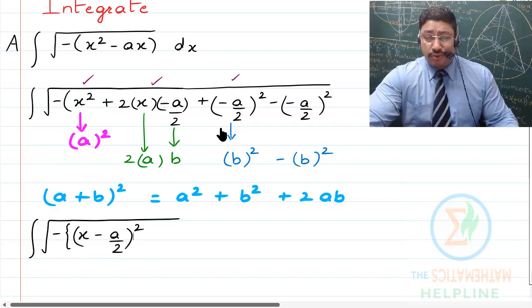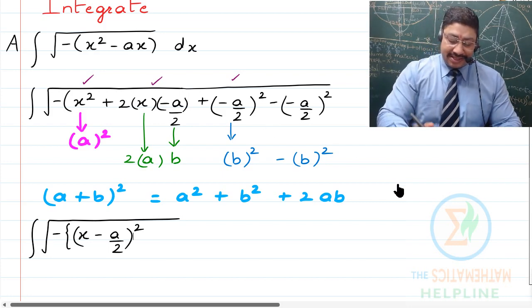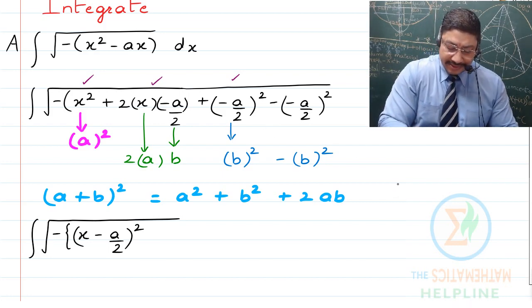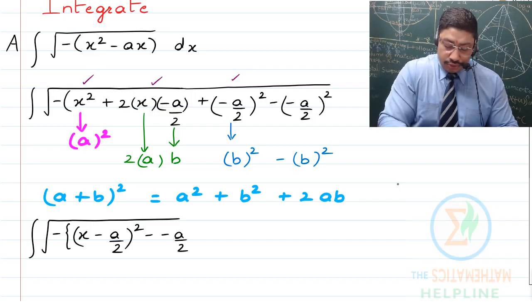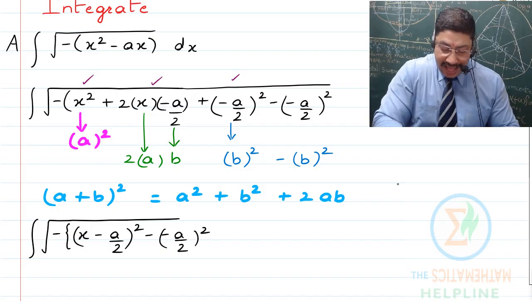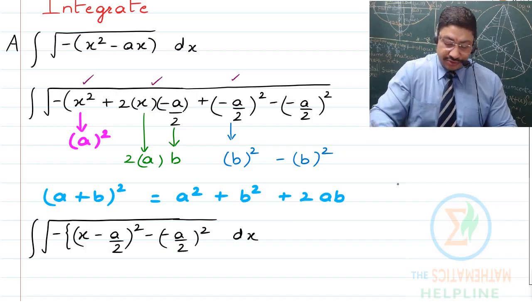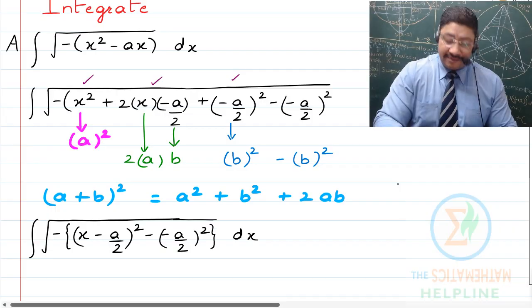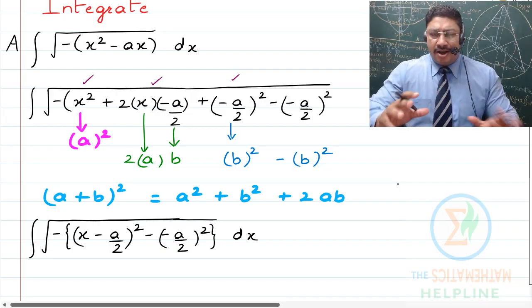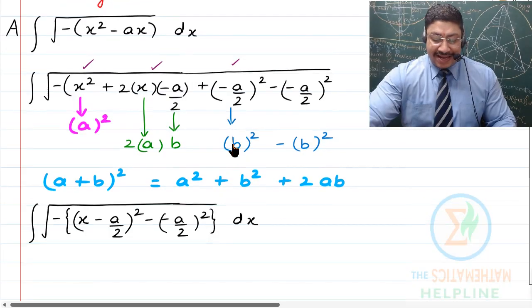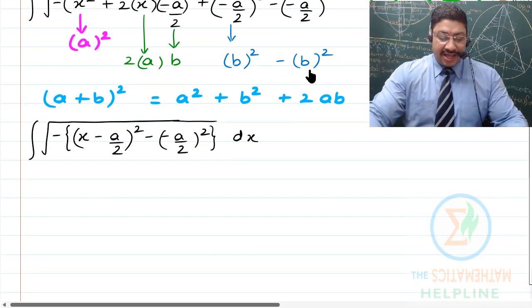And then we'll be talking about the plus b square term, that is plus minus a upon 2 whole square, right? And since now we had written this extra, we are also going to subtract this. As such we have minus a upon 2 whole square children, and with this is multiplied the differential coefficient. I hope all of you people have now been able to understand. Okay, there is partial understanding among the group of children that I have.